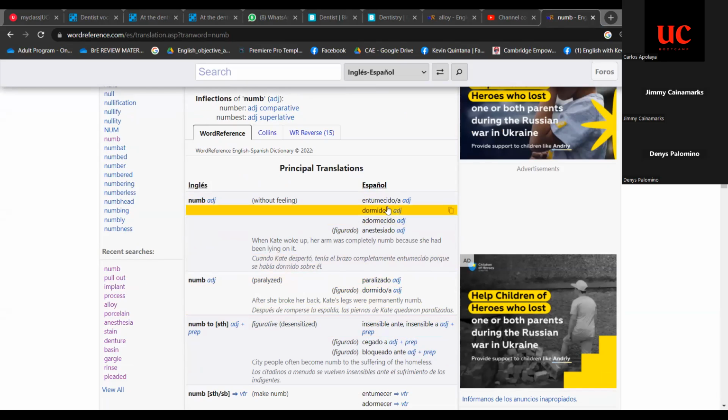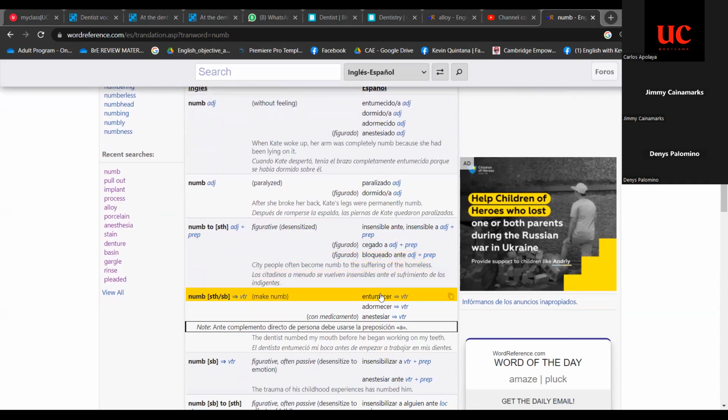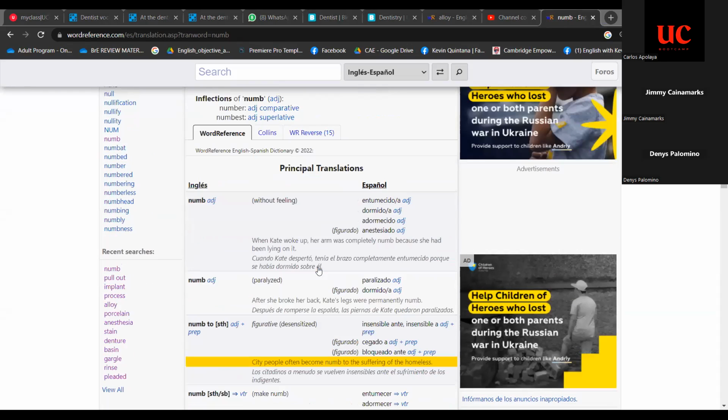Numb is like an adjective. You can say, do you feel your face numb? Or, can you describe your mouth as numb? This is another way to ask the same question.